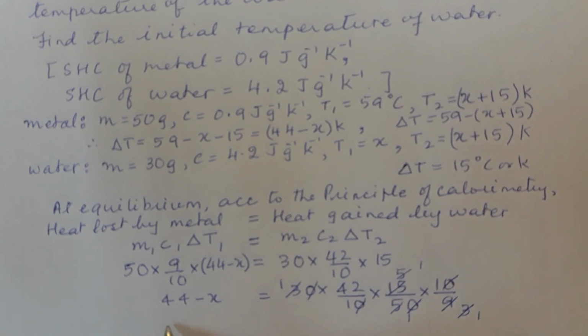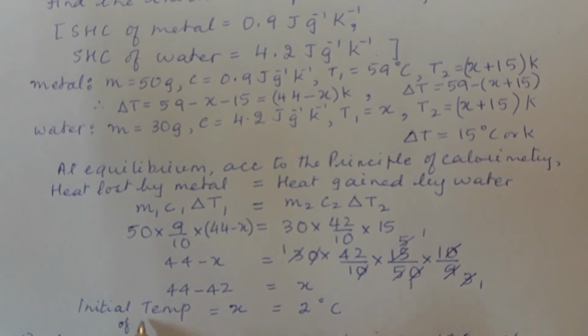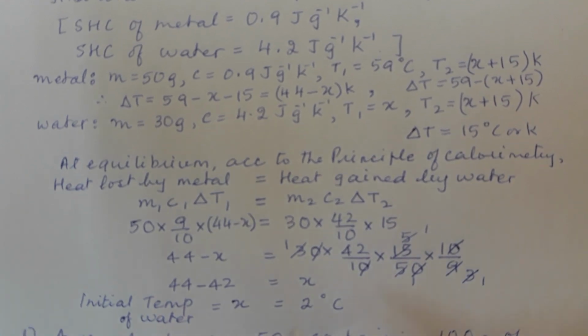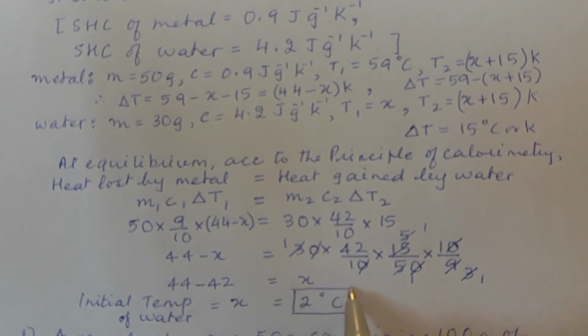So we will have 44 minus 42 equal to X, and therefore your X will be 2 degrees C, and this becomes the initial temperature of water. And that is our answer.